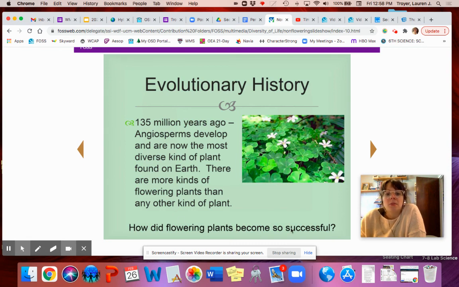How did they become so successful? How did they take over planet Earth? Why are they the most dominant type of plant now? And a lot of kids were talking about, well, maybe it's because of pollinators and bees and animals that help angiosperms to reproduce. And I think they're absolutely right. I think animals and angiosperms, plants with flowers, are besties.